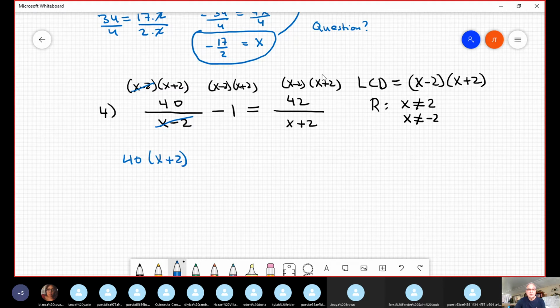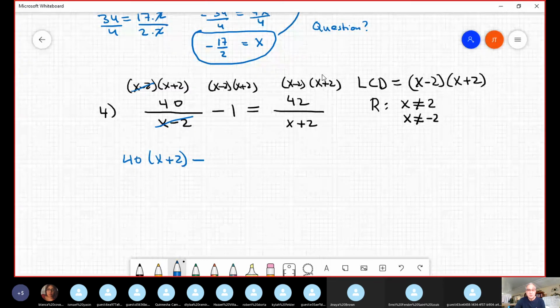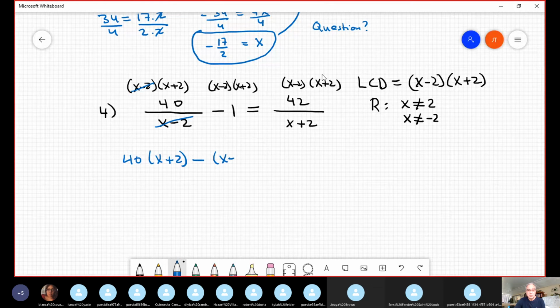In the second, nothing cancelled, so minus x minus 2, x plus 2. I prefer, guys, to put a bracket here. Why? Because this negative 1 affects everything inside. According to the order of operations, you FOIL here, and after that change the sign. Now here, cancel out x plus 2 and x plus 2, and stay 42 times parenthesis x minus.